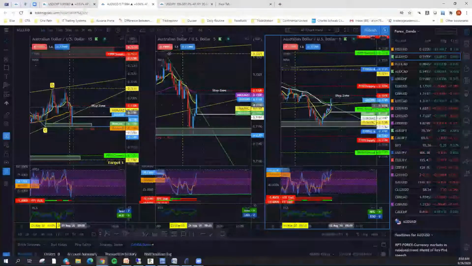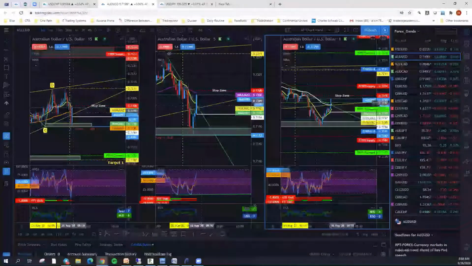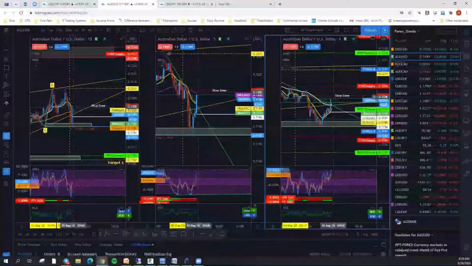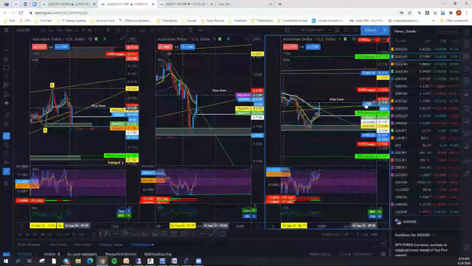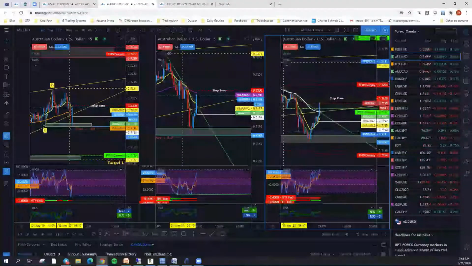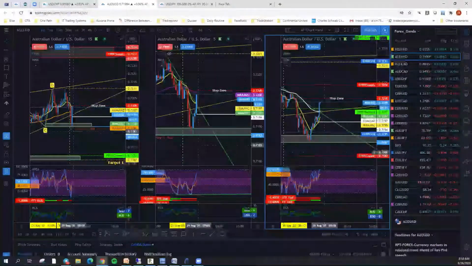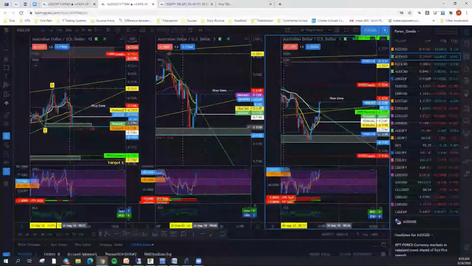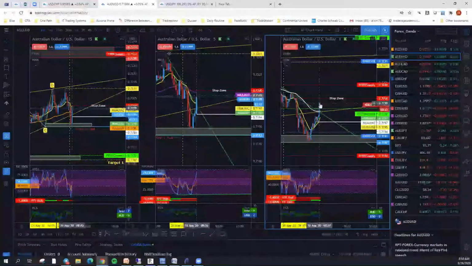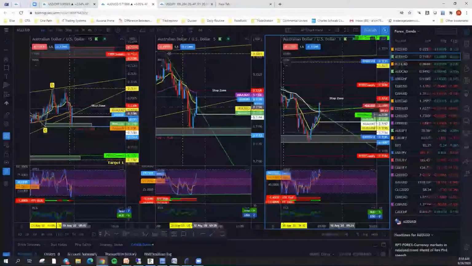So we're starting to get the crossover here. It's back into the wedge. It broke this little trend line that it was developing on this down move. It just broke that trend. We'll see if it comes back and retests it.